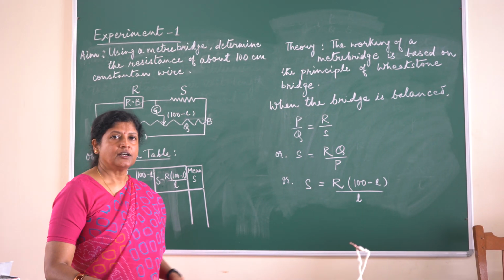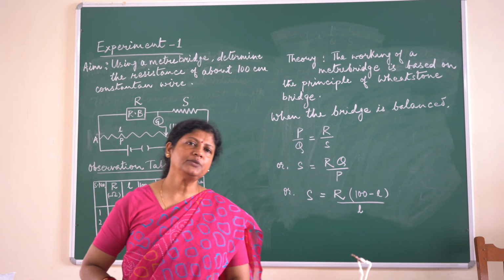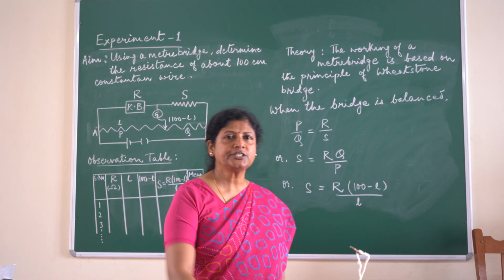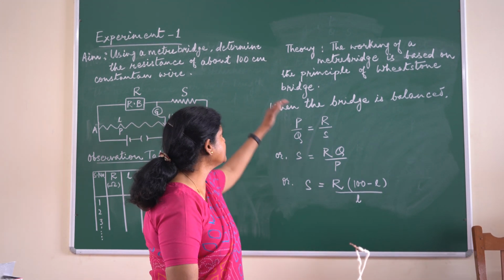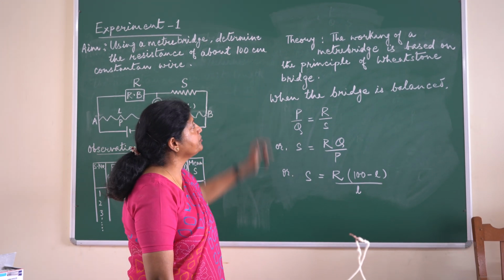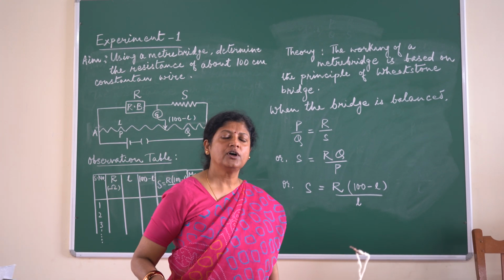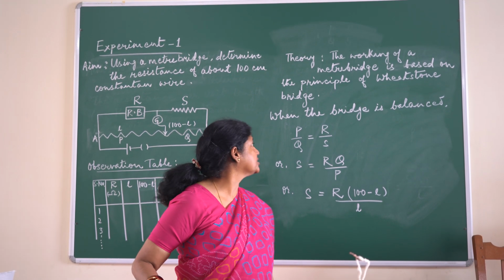Students, we know that meter bridge works on the principle of Wheatstone bridge. Here you see the working of a meter bridge is based on the principle of Wheatstone bridge.